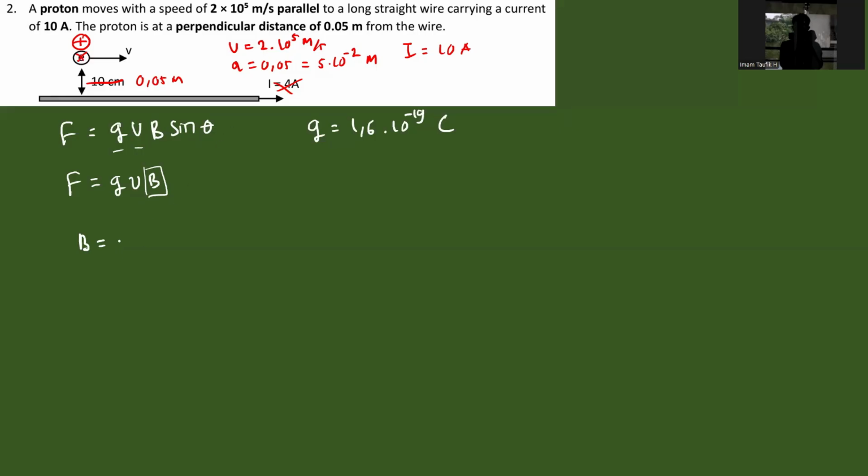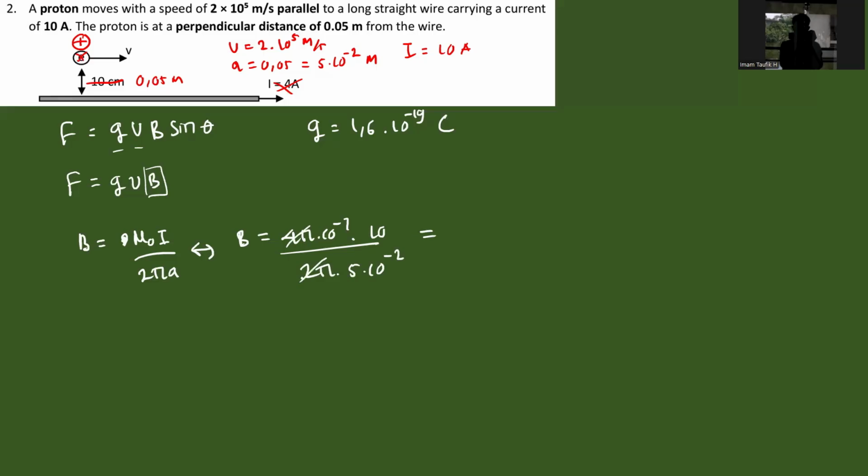wire. So B is equal to, sorry, mu naught times I divided by 2 pi a. So B is equal to 4 pi times 10 power minus 7 times I, and I is 10, divided by 2 pi a, where a is 5 times 10 power minus 2.